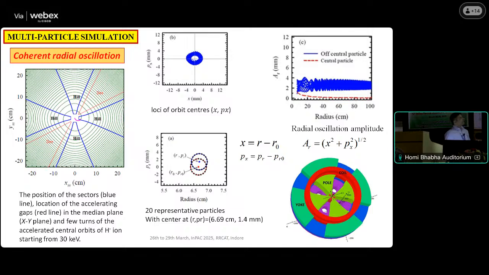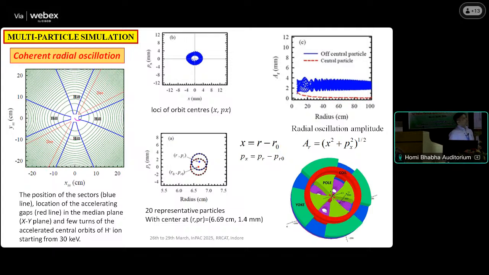We have taken one central particle, which is the accelerated equilibrium orbit, and around that 20 representative particles. Actually, these are not circles, these are ellipses, though they look like circles here. For all the particles we calculated x and px, and it comes out like this. This is the amplitude of radial oscillation, A_R.